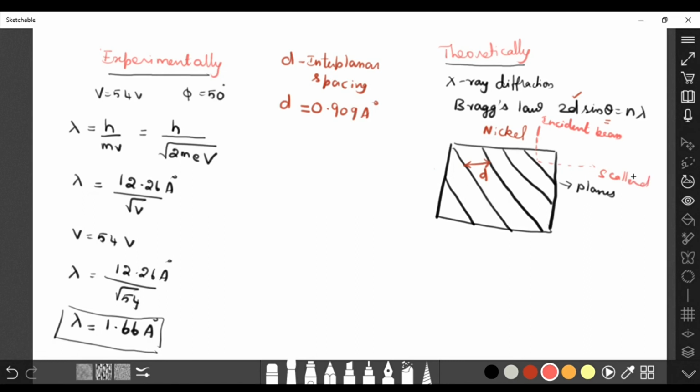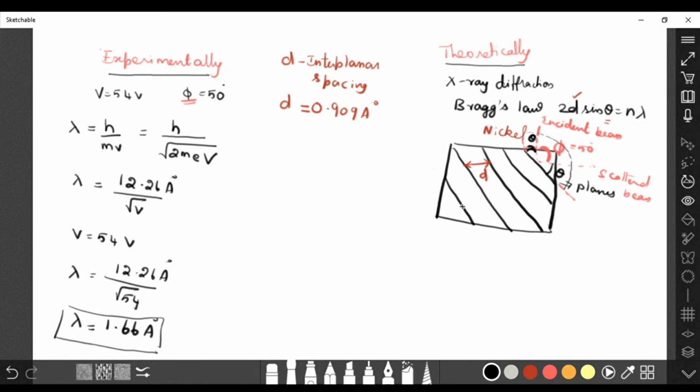The angle between the incident and scattered beam is phi, which is equal to 50 degrees, right? And if you extend this, this angle is theta and this angle is also theta. The incident and the scattered beam angles will be theta. The full angle will be 180 degrees.